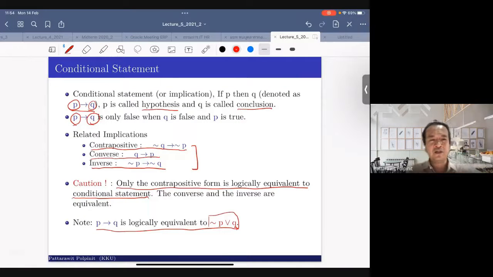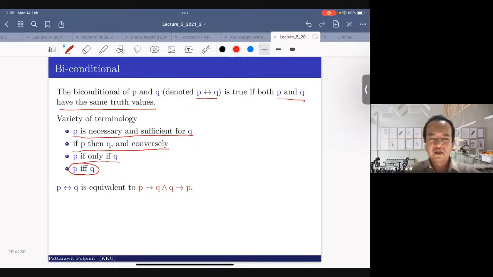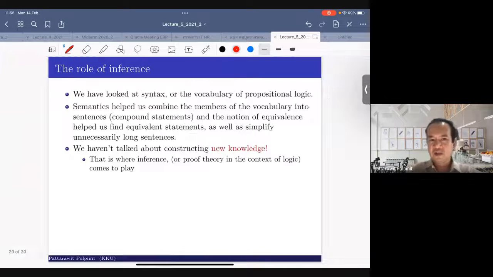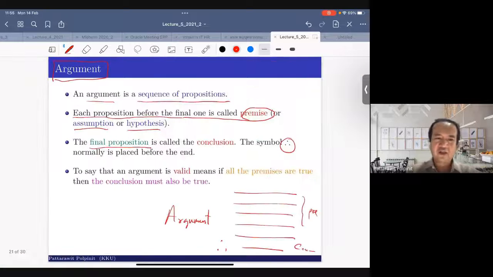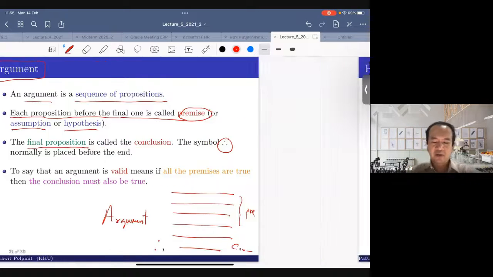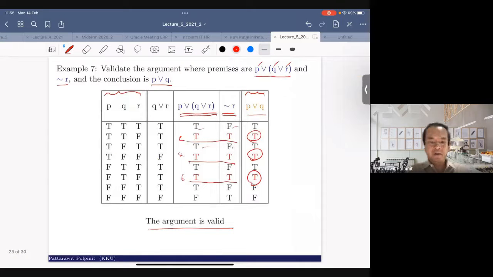We talked about conditional statements and biconditional statements. We talked about the rules of inference a little bit, and we saw what an argument is and how we can validate an argument, at least by one method, using truth tables. Okay, so I'm just going to stop here.